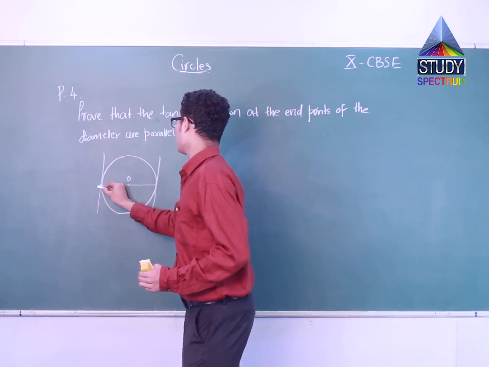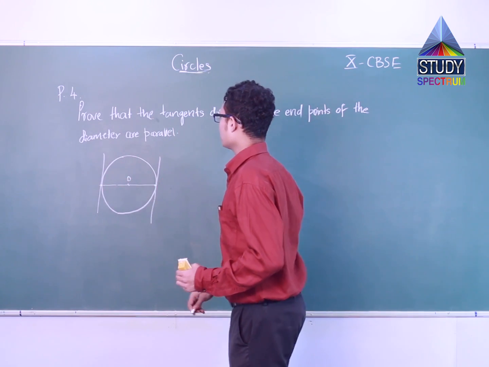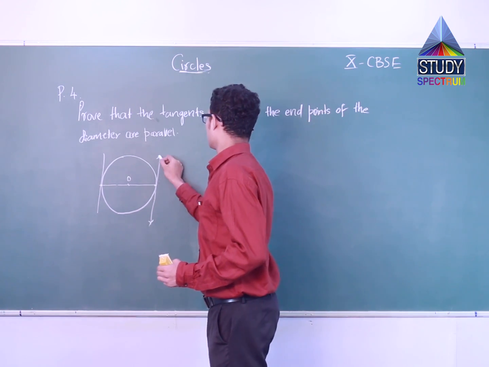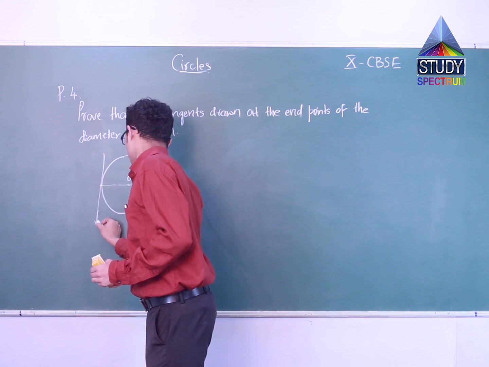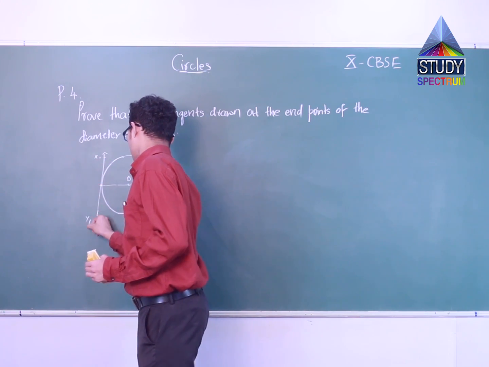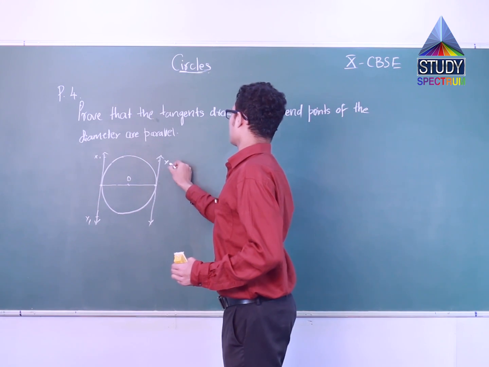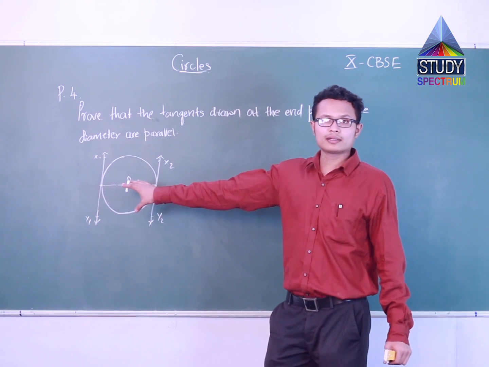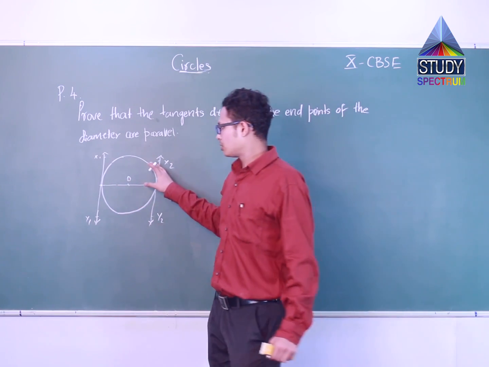Since this forms an end point and this forms an end point, I have drawn two tangents. Let me indicate them by x1 and y1, and x2 and y2. I have to prove that they are parallel.